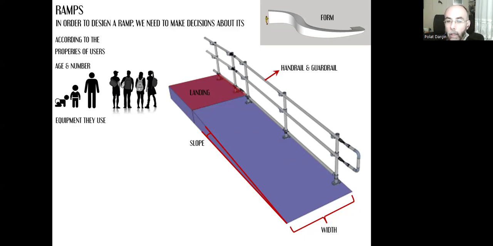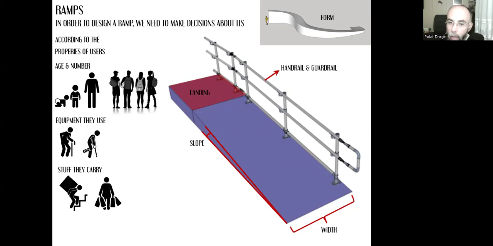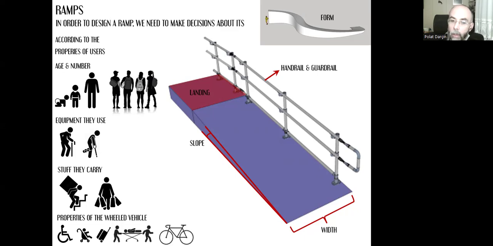Also, again based on the function of the building, the equipment they are going to use, such as walking aids, things like that, stuff they carry. Properties of the wheeled vehicle: the wheelchair, stroller, luggage, gurney, bicycle, and the cars, the automobiles and other types of motorized vehicles.